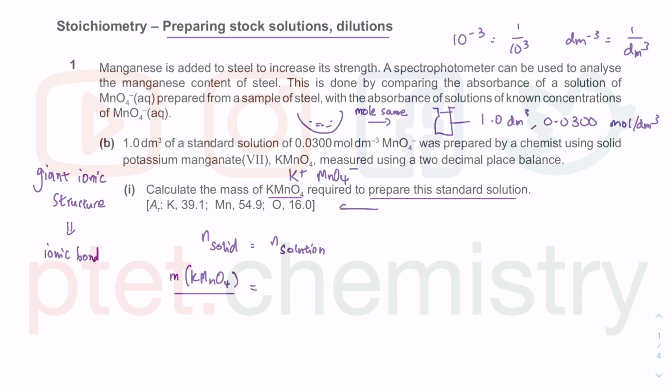Given this information, I really should be working out the Mr of KMnO4, which is going to be 39.1 times 1 plus the Mn, which is 54.9 times 1. So 39.1 plus 54.9 times 1, I get 94 on my calculator, but because these are given to one decimal place, I should be getting 94.0 plus 16.0 times 1.